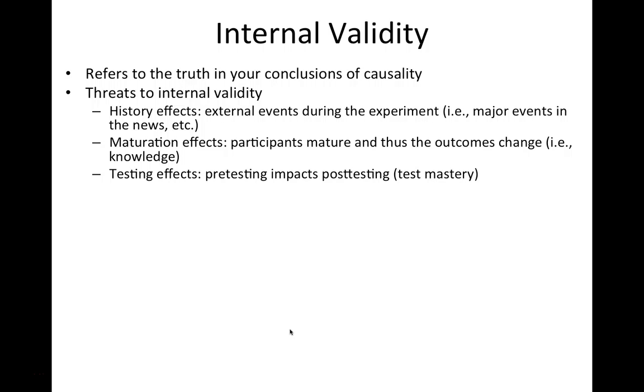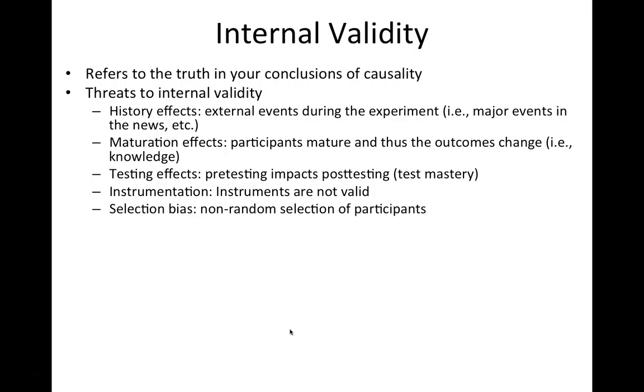Your book talks more about the testing effects of pre-testing impacting post-testing, so you may get better at the test, learn the right answers, learn how to answer them in a way that you think the researcher wants you to answer them, perhaps. We'll talk more again about some of the instrumentation components when we get to measurement, but our instruments may actually not be valid, which would then impact our internal validity, our ability to make causal claims.